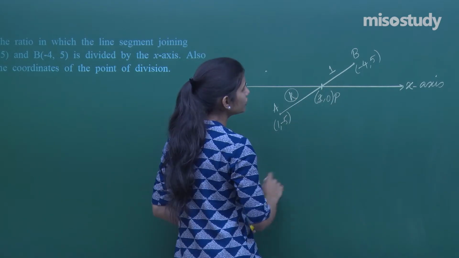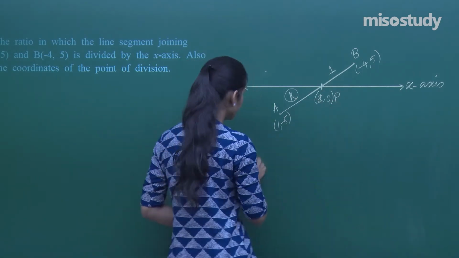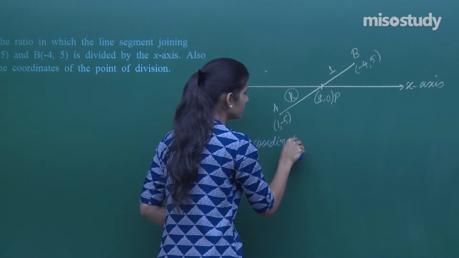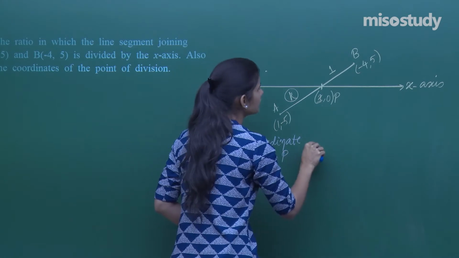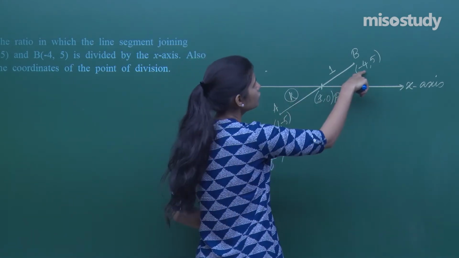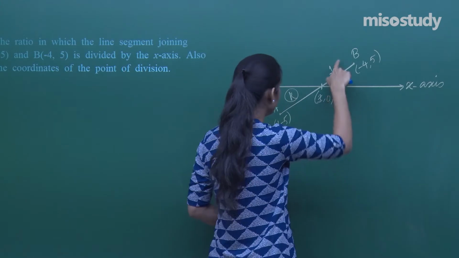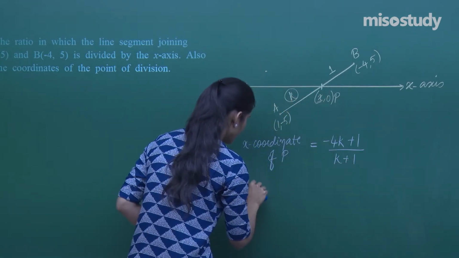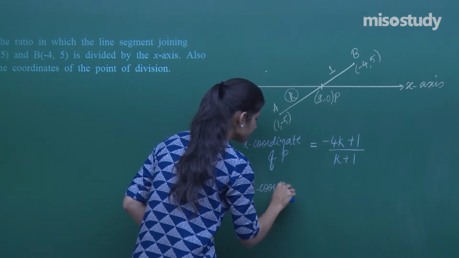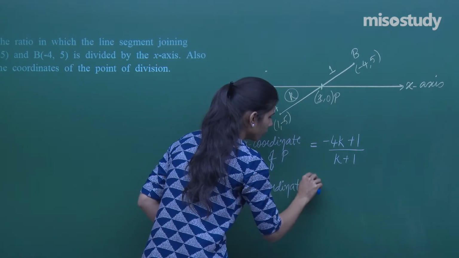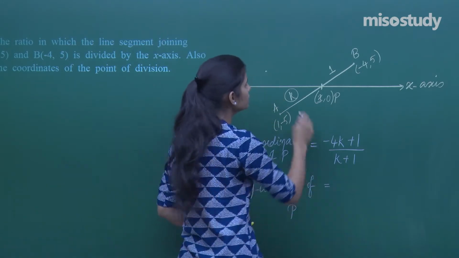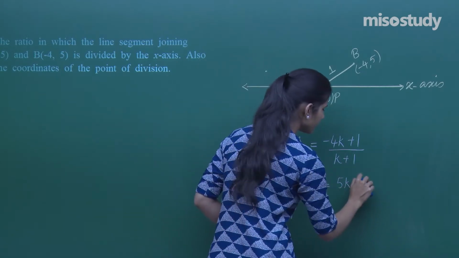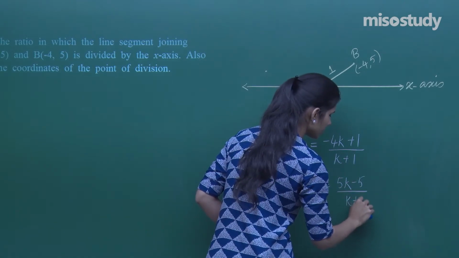Now if k is to 1 is the ratio, I know that the x coordinate of P, that is the point of division, is (k into minus 4 plus 1 into 1) upon (k plus 1), and y coordinate of point P is equal to (k into 5 plus 1 into minus 5) upon (k plus 1).